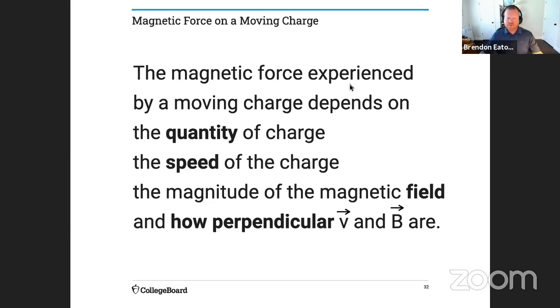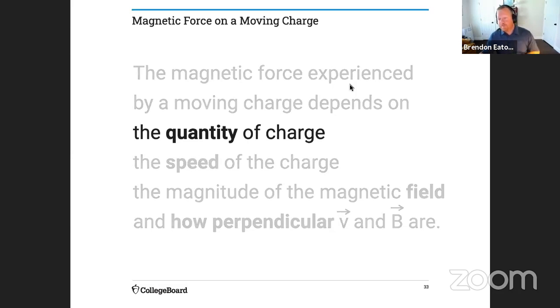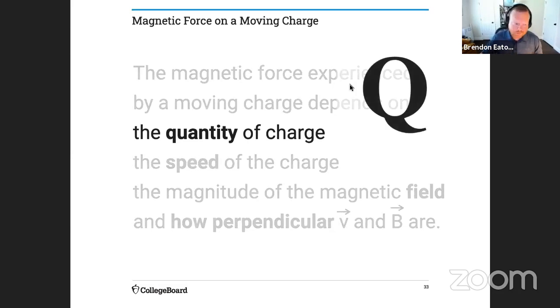So maybe you remember seeing a sine theta component back in the lesson overview and what you need to know. We said that the magnetic force is equal to qv cross B. And we'll talk about that cross in just a few moments, but the quantity of the charge is represented by, you guessed it, Q. That's everything we've ever talked about with charge.